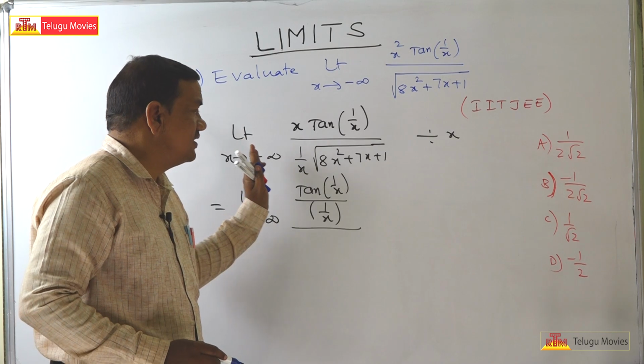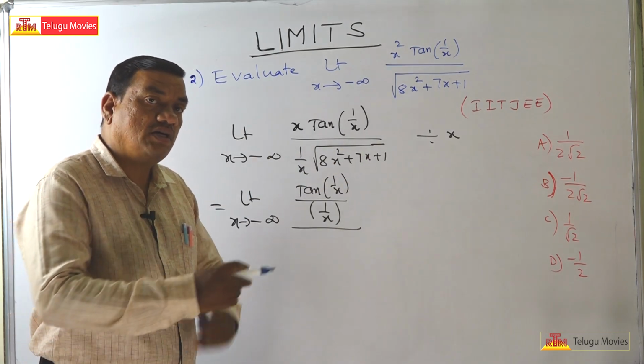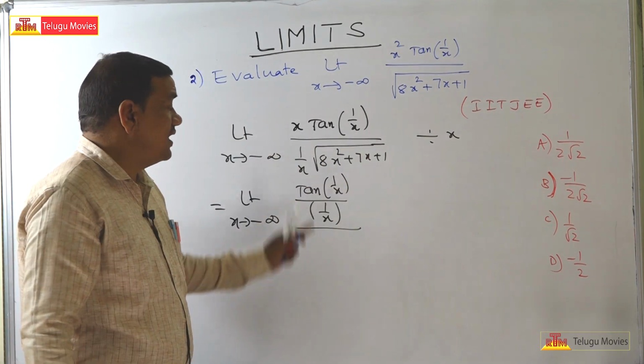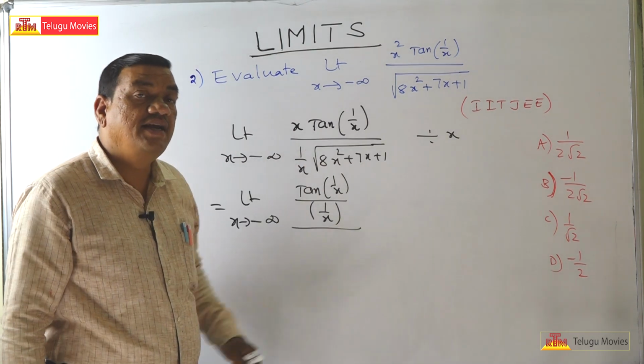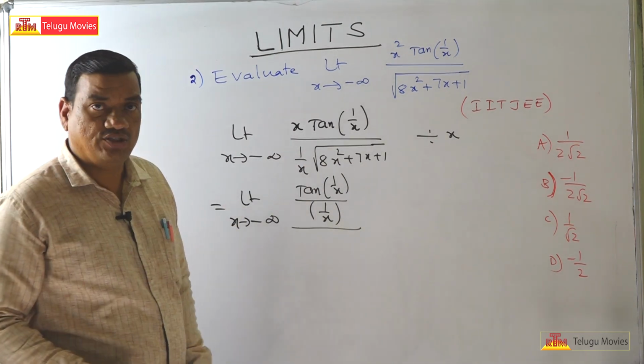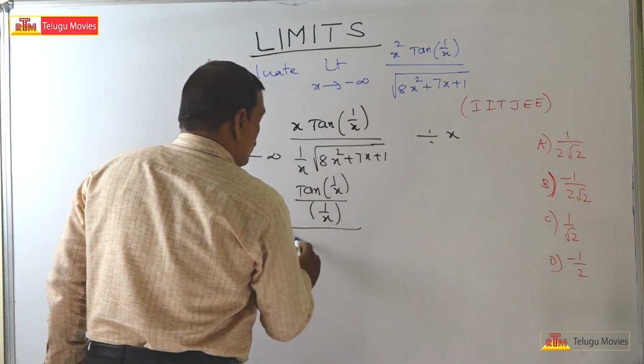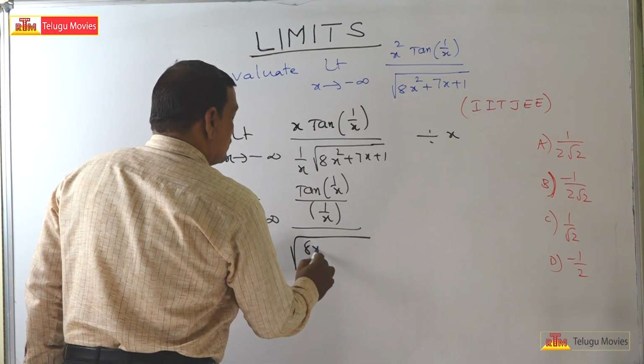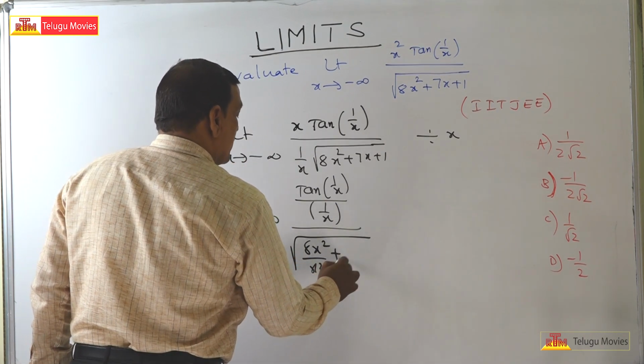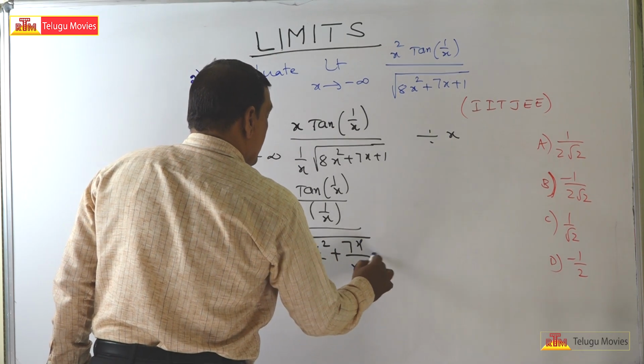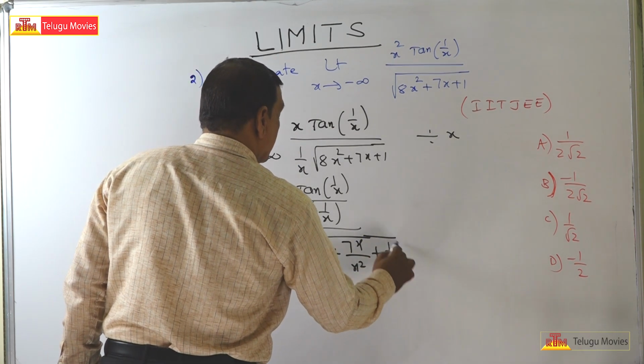This 1 by x, take it inside the root. Then 1 by x, when it goes inside, it will become 1 by x square. That means root of 8x square by x square plus 7x upon x square plus 1 by x square.